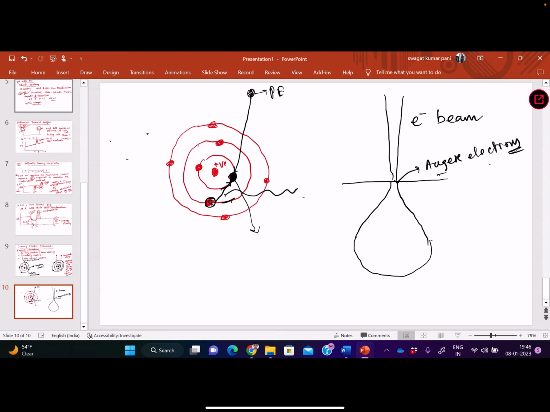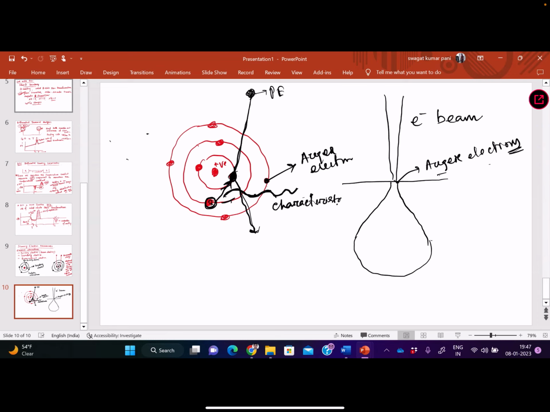Suppose here in this diagram I will explain this. Suppose this primary electron knocked out this electron, okay, so this electron will go to fill the vacancy. So while going, it emitted these characteristic X-rays. Okay, so while this energy is moving, suppose this electron absorbs this energy and goes out. That one we call Auger electron.